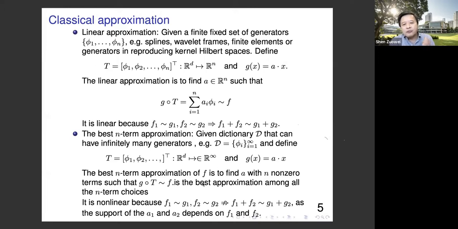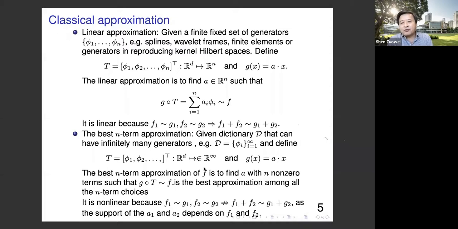That means the smoothness condition is weaker than for linear approximation, and n-term approximation works very well for piecewise smooth functions. That's why wavelet approximation is essentially n-term approximation, and why wavelets are good for imaging.